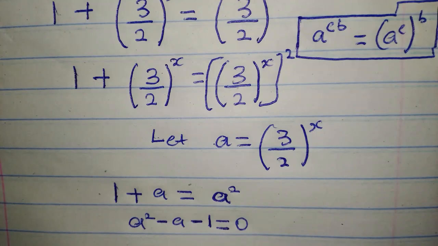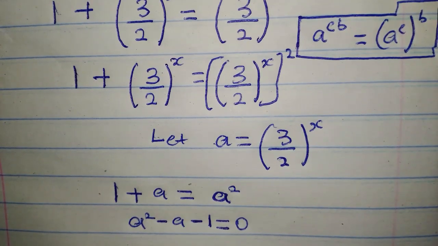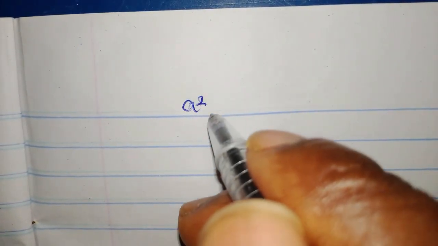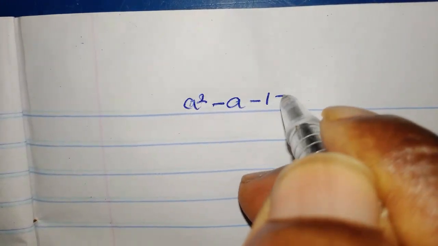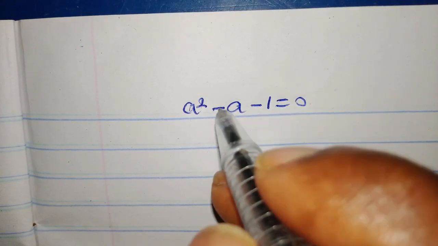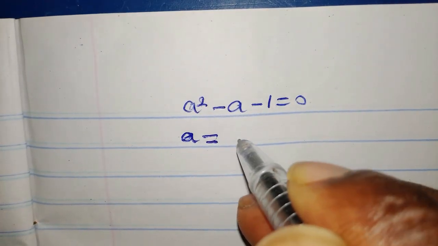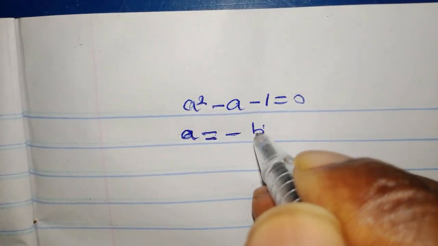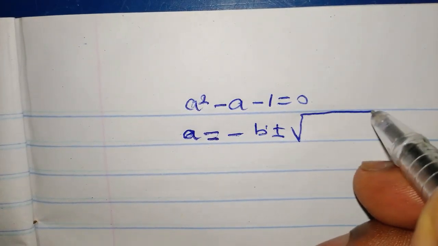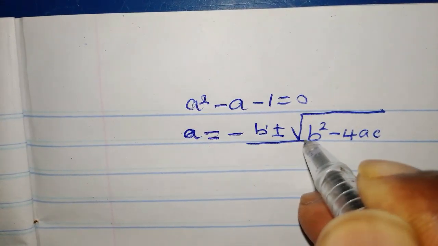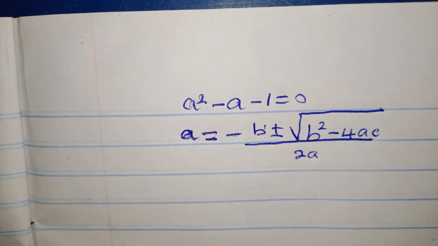the quadratic formula. If we want to use the quadratic formula, we use the formula which says, if you have a squared minus a minus 1 equals 0, a equals minus b plus or minus the root of b squared minus 4ac, all divided by 2a.